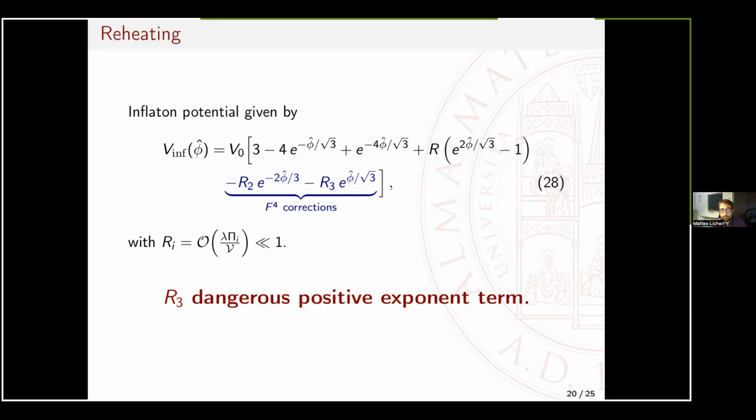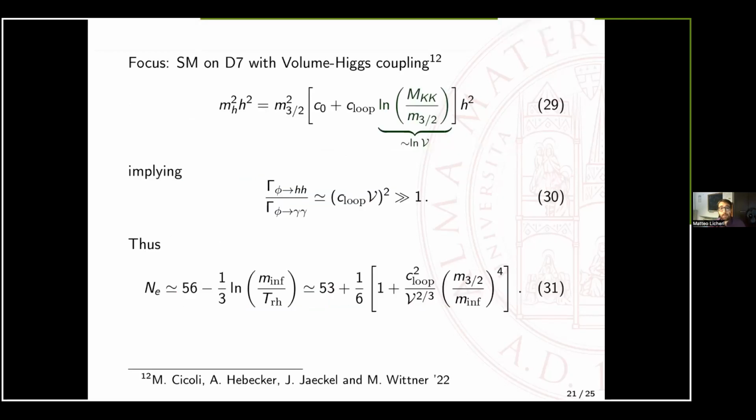They depend on the combination of lambda pi, that are much, much smaller than 1. However, R3 is a dangerous term because it has a positive exponent. So it could ruin completely the inflaton potential, so the steepness of the potential can be destroyed. While the other term is a negative potential, so it's not dangerous.